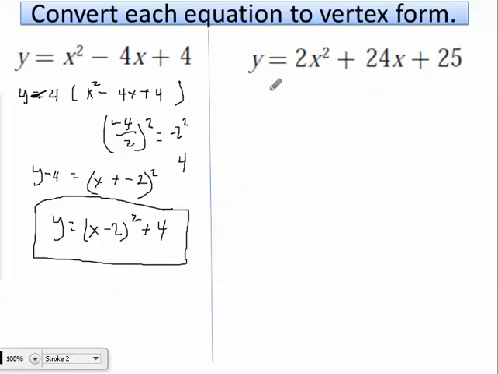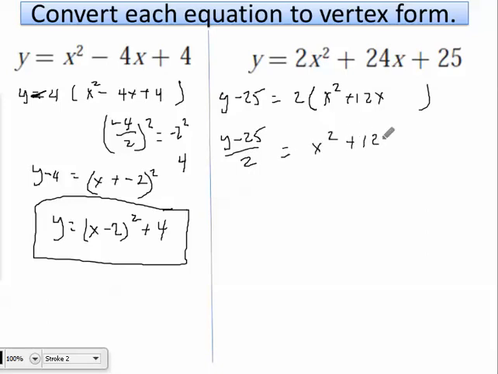On this one over here, same thing. y minus 25 is equal to 2 times x squared plus 12x. Dividing by the 2, y minus 25 over 2 is equal to x squared plus 12x.